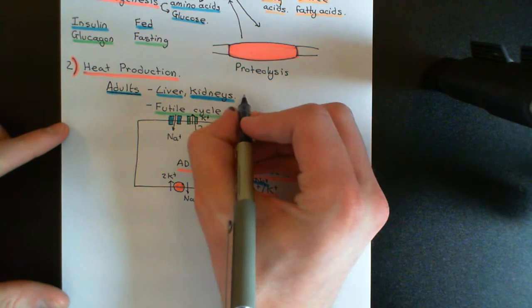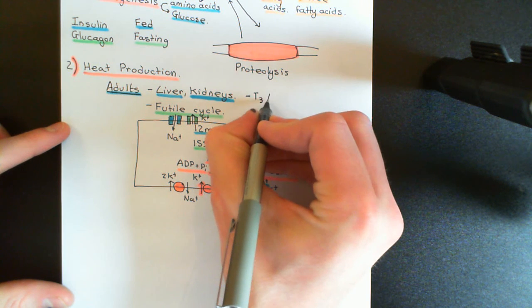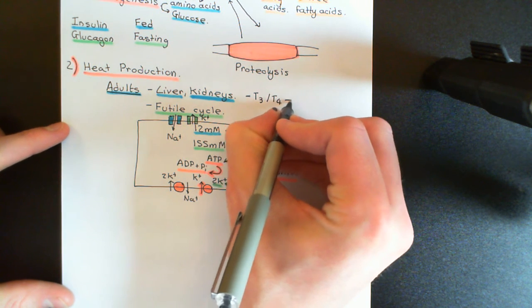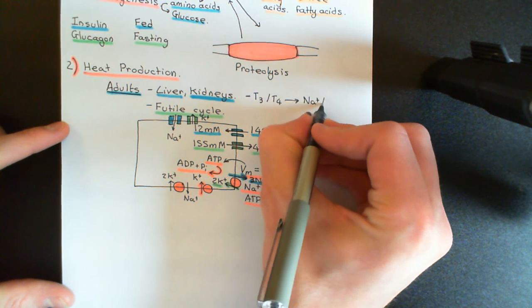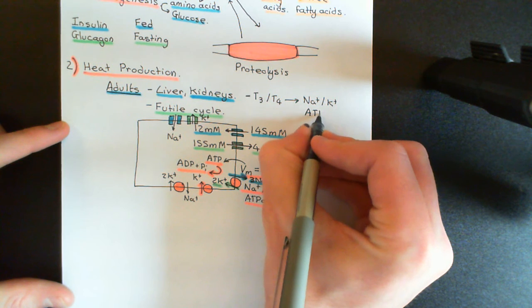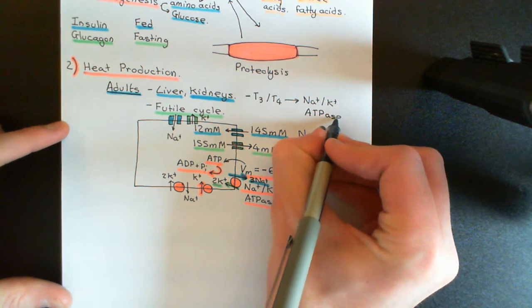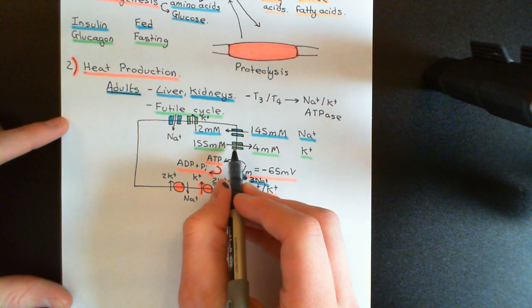Now, all that we actually know they do from experimental observation is we know that T3 and T4 going into liver and kidney cells will cause the number of sodium potassium ATPases in the cell membrane to go up. We haven't yet actually shown that the number of leaky sodium channels and the number of leaky potassium channels goes up.